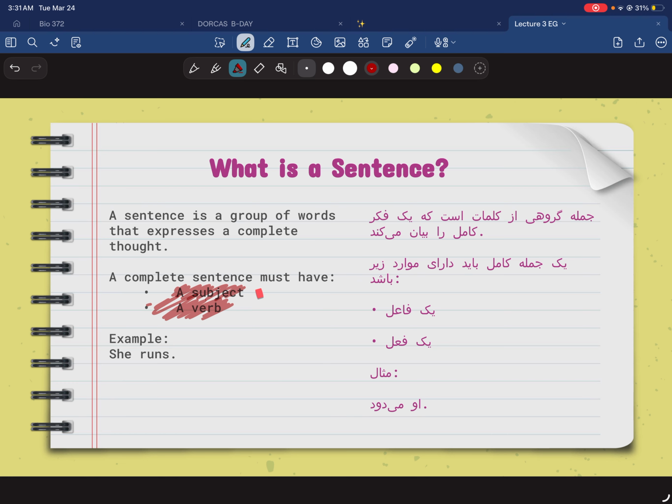So an example of this being used to define a sentence is going to be something like, she runs, because it has a subject, which is she, and a verb, which is runs, it is using the definition of a complete sentence. This is going to be a complete sentence. But also using what we learned about punctuation, she runs is going to be a complete statement. So we're going to use a period.